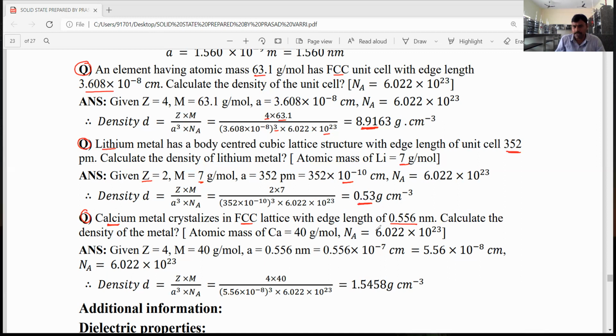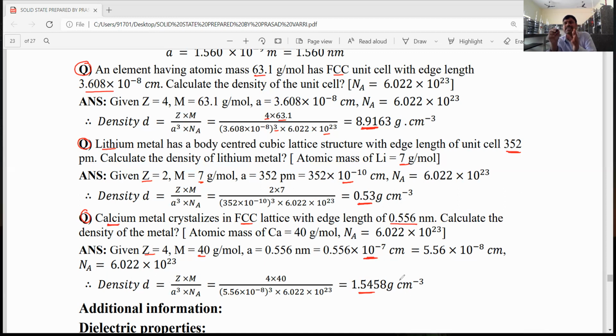Here 1 nanometer is equal to 10 to the power of minus 7 centimeters. M is equal to 40 and Z is equal to 4, and Na value we also know. Density is equal to Z into M by a cube into Na. On simplification, 1.54 gram per centimeter cube will come as the density of the unit cell.